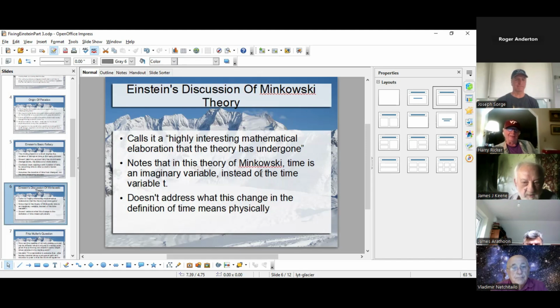That's interesting. I thought that was interesting. He notes that in Minkowski's theory, time is an imaginary variable instead of the time variable t. So he kind of points out that time has become an imaginary variable in Minkowski's theory. It's this ict thing that has gotten into the theory. So what does this really mean? We have imaginary time.